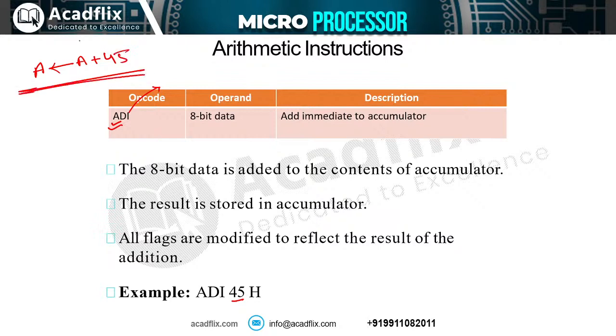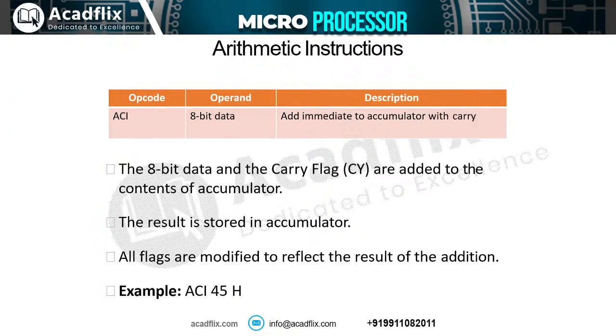These two values will be added and you will get the result in A. Remember, the constant value will be directly given in the instruction itself. In the immediate instruction, the immediate value will be given, and all flags will be modified to reflect the result of the addition.